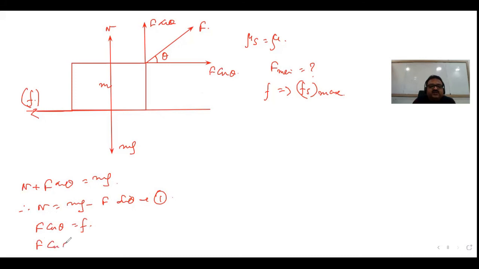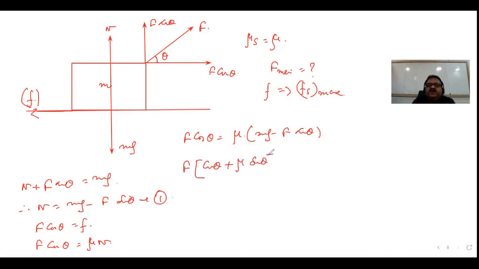F cos theta is equal to mu into normal reaction, and therefore mu into normal reaction means mu into (mg minus F sin theta). So if we calculate this, F cos theta plus mu F sin theta equals mu mg.